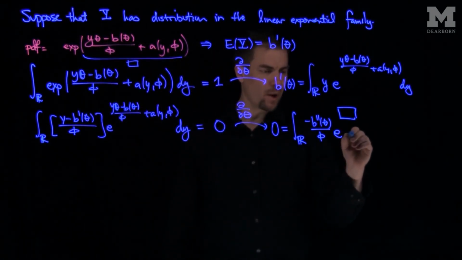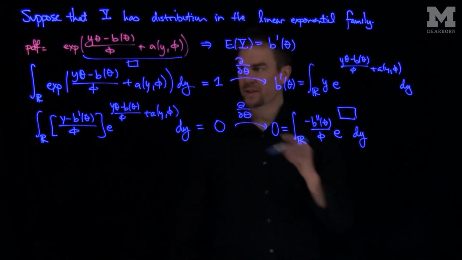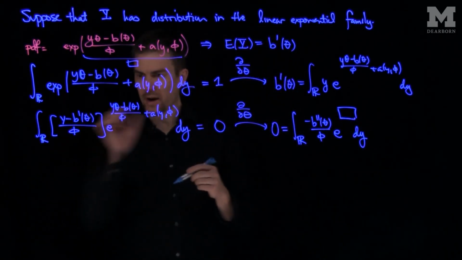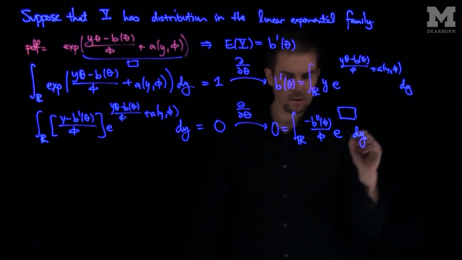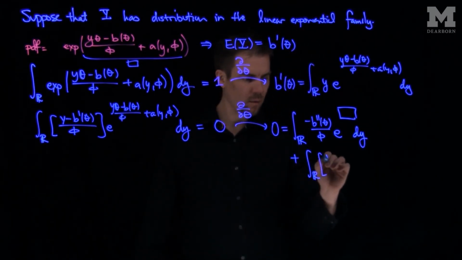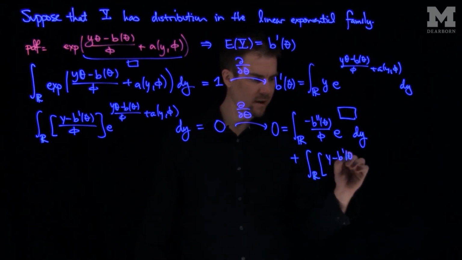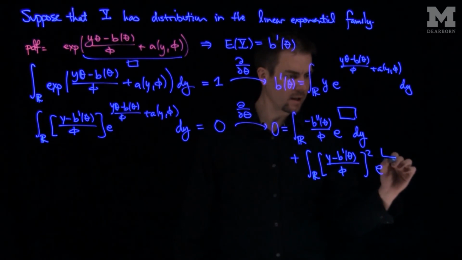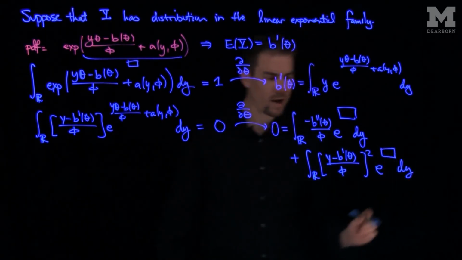And then we'll have a dy. The second term we'll get is this term over here squared. So we'll get that term squared plus the integral over R of y minus b prime of theta over phi, quantity squared, e to the box term, dy.